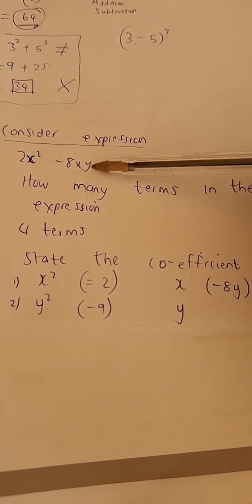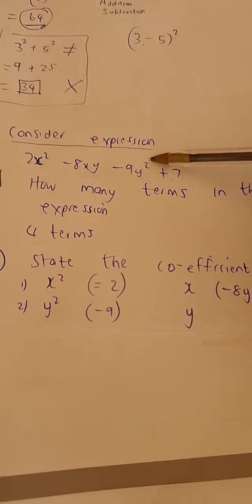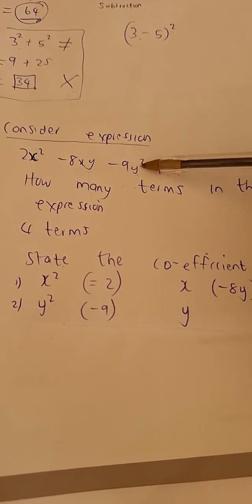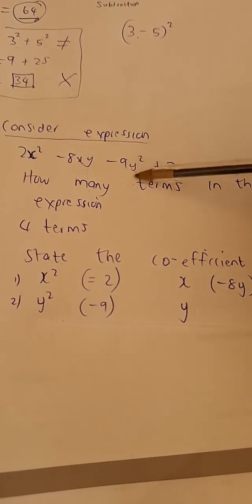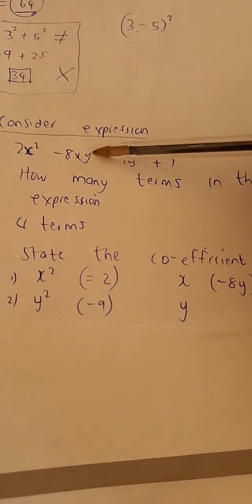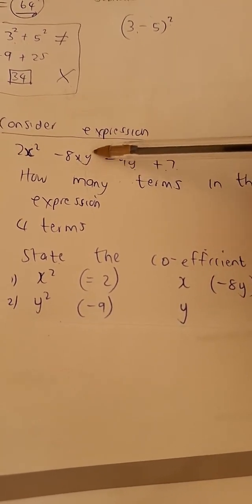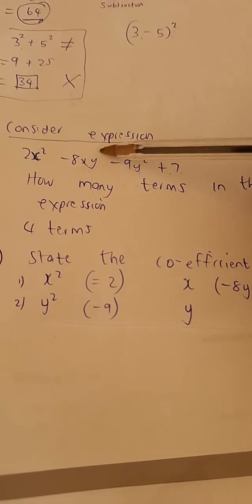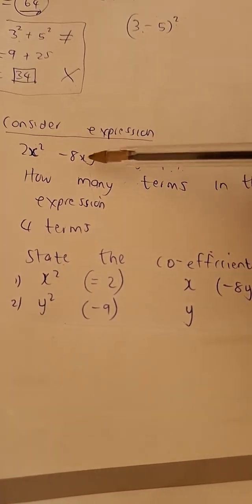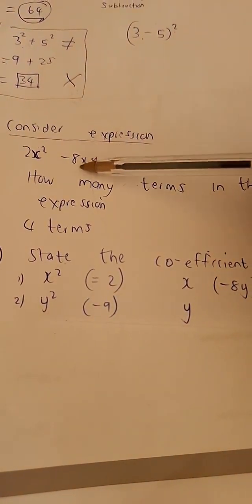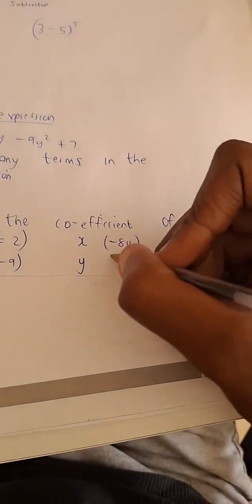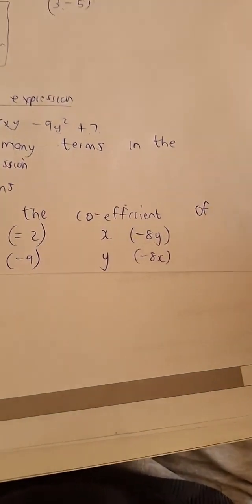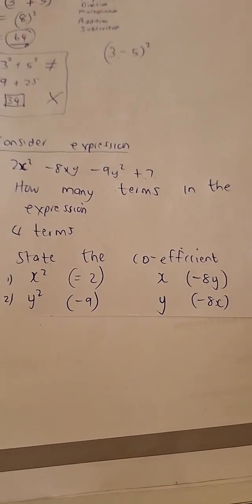All right? This is the one. This one is 9y squared. All right? So we don't come here. We come here. The coefficient of y. So the y is here. What is the coefficient of y? You guys are spot on, the people that said it's negative 8x.